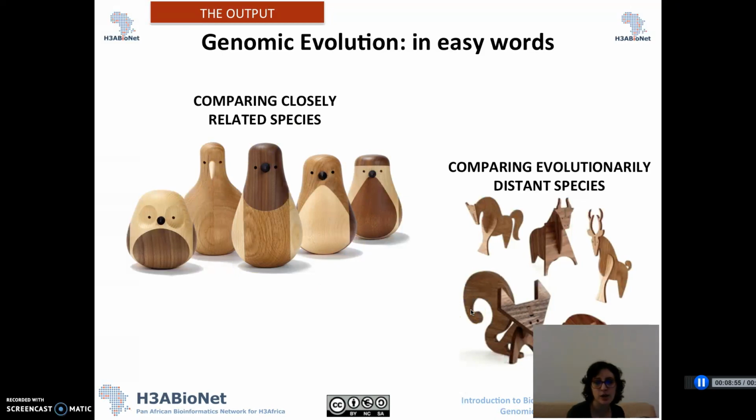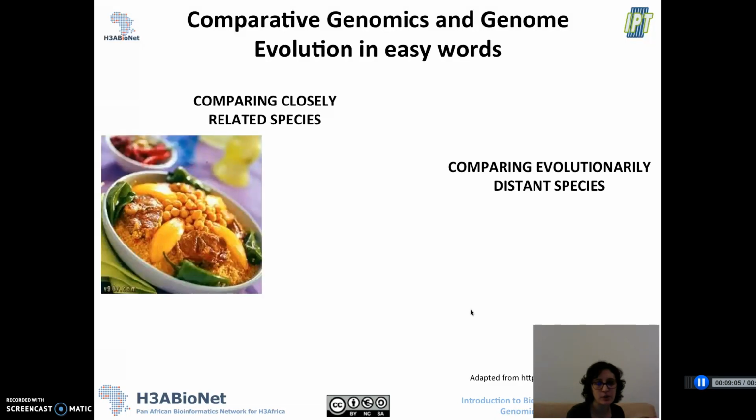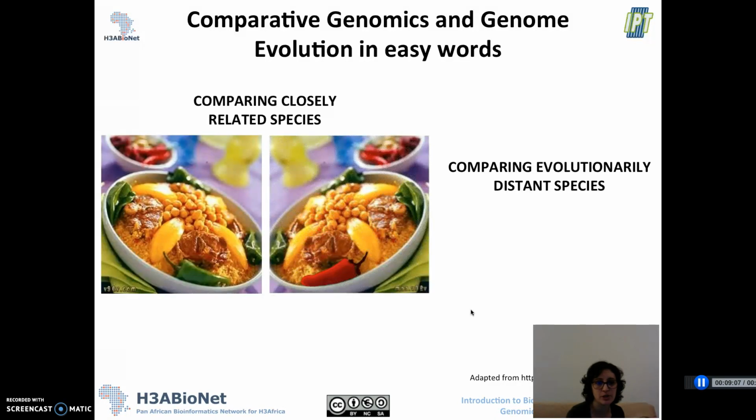Coming back to our very simple example, which we talked about at the beginning of the session: comparing closely related species would be like comparing these two dishes, for which the only difference is that red pepper.